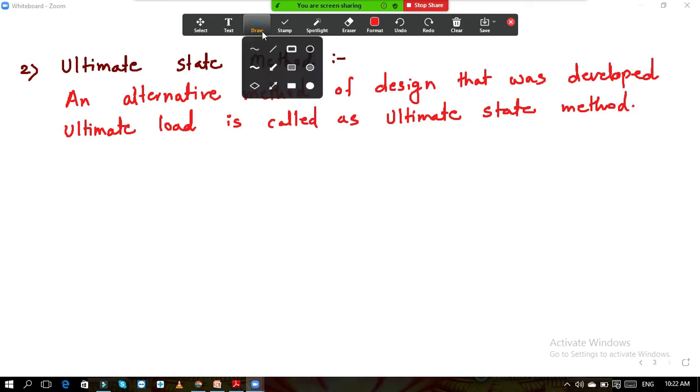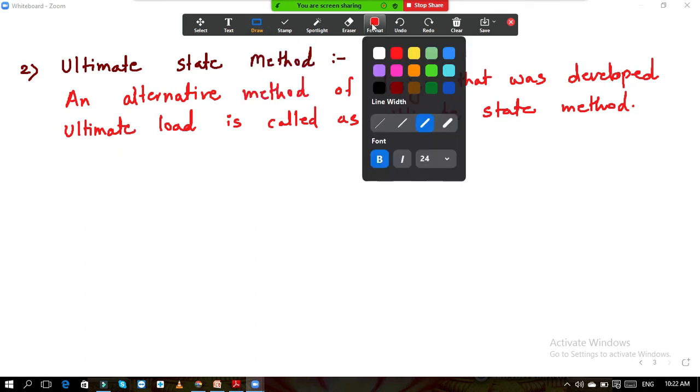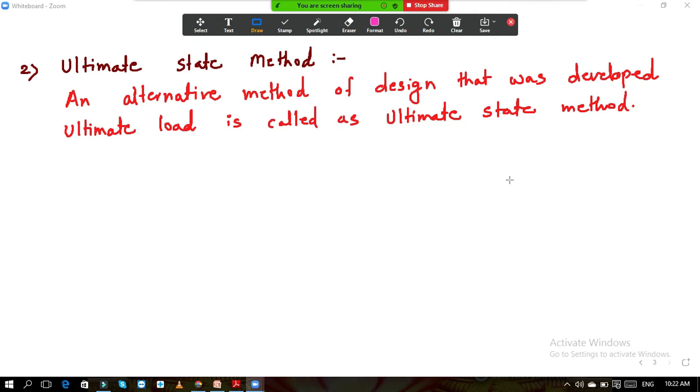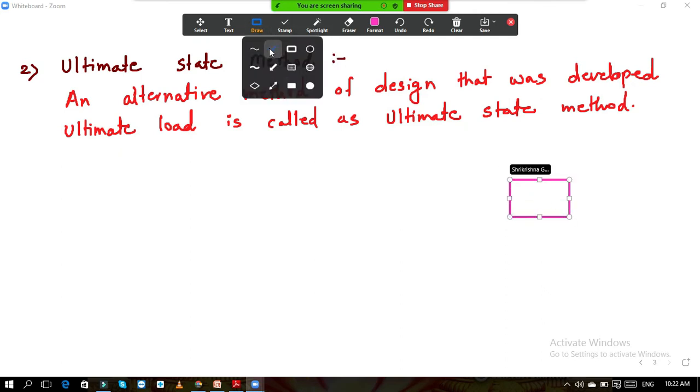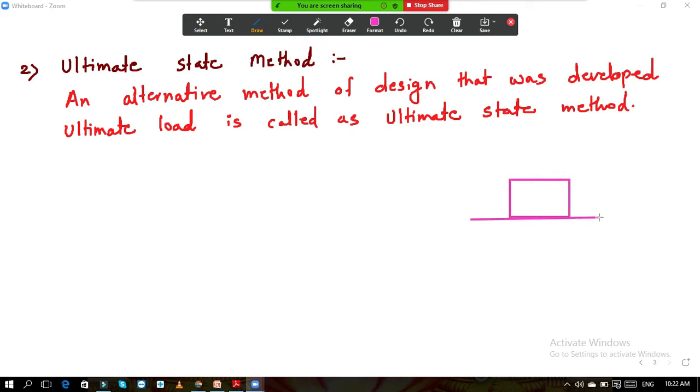What does it mean now? Again, the same example. If I consider this block, again I want to design this block. This is resting over, so for your understanding I have shown it like this.